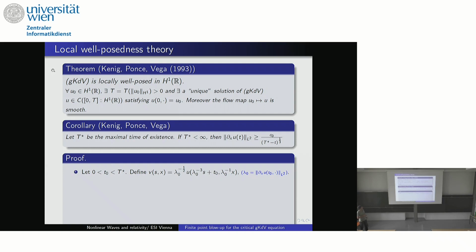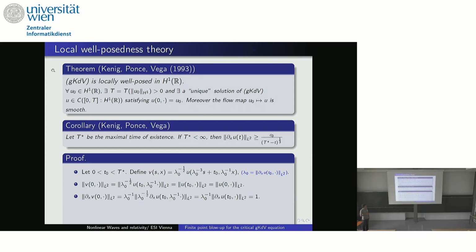And this λ0 that you rescale by, you will see why we take it exactly equal to the L2 norm of the gradient of u at time t0. If you look at the L2 norm of v at 0, it corresponds, thanks to the invariance of the L2 norm under scaling, to the L2 norm of u at time t0, and this is conserved along the flow. So this is the L2 norm of u at 0.